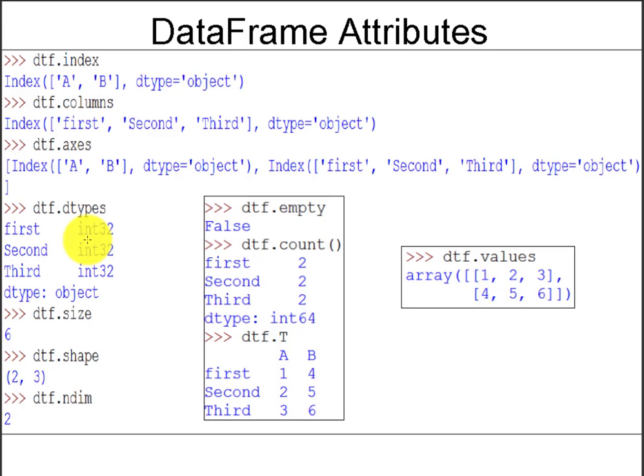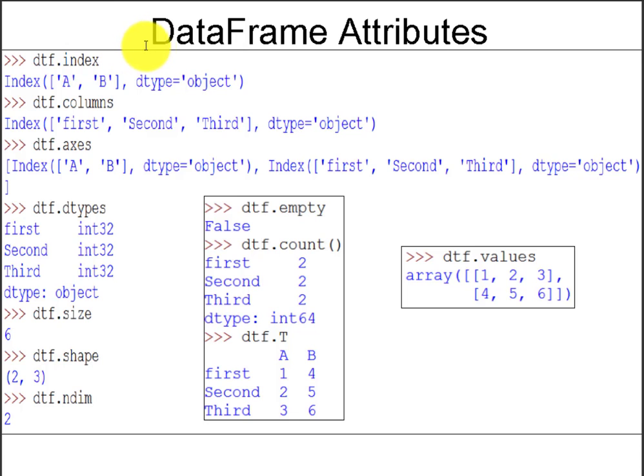This is very simple. You only need to know which data frame you want to apply it to. You write the data frame name and the dot operator, and with the dot operator, whichever operation you want to perform, you choose the attribute according to your operation.